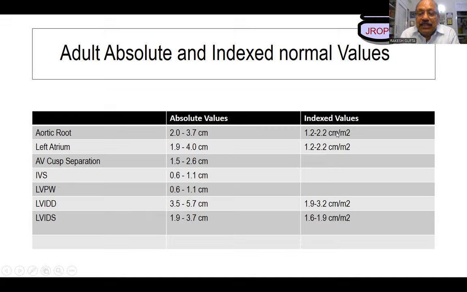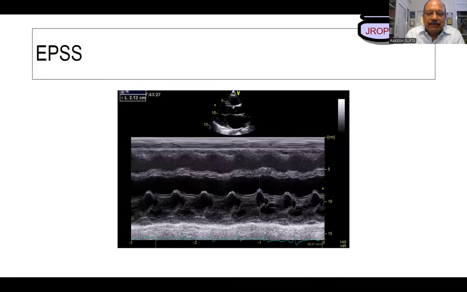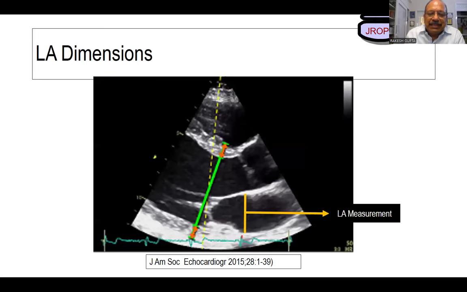And mind my word, these are indexed values. Suppose my body surface area is 1.7 and the body surface area of another person is 2.2, the LV will not be the same in size. So we divide by body surface area instead of using absolute measurements. Now, if I measure this LV cavity as 60 millimeters, or 6 centimeters, I'll divide by my body surface area of 2.